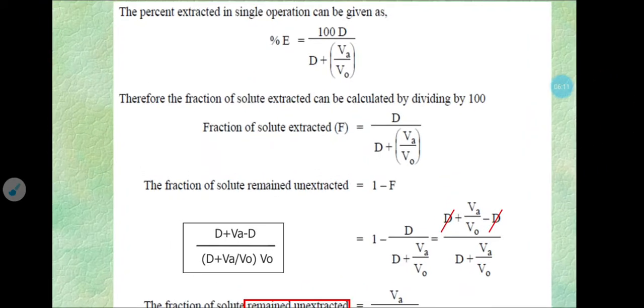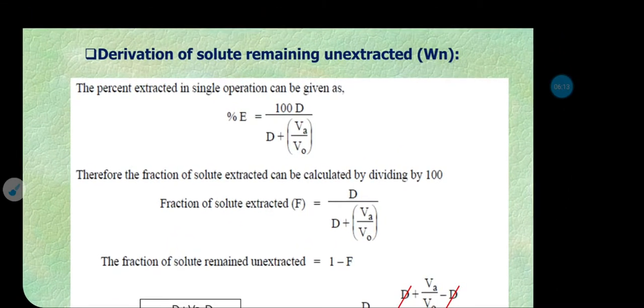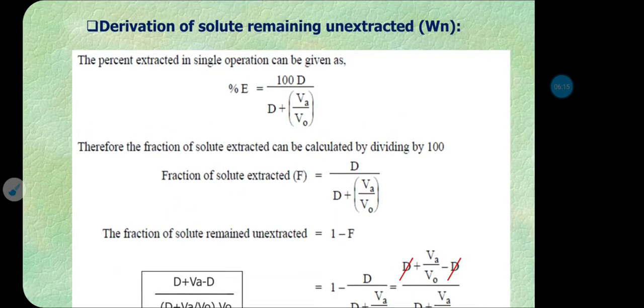So this equation can be derived in several steps, that is the derivation of solute remaining unextracted Wn. We know the percent extraction in a single operation is given by the equation: percent E is equal to 100 into D divided by D plus volume ratio Va upon Vo, that is aqueous to organic.